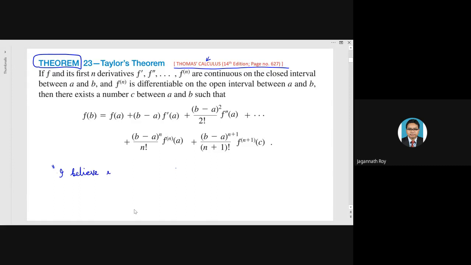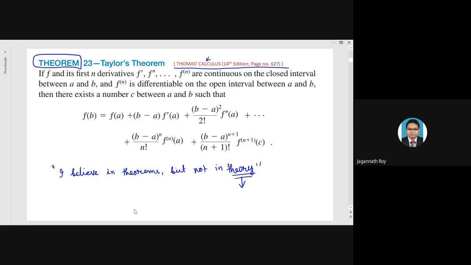I believe in theorems, but not in theories. A theory can be wrong, because there can be a conspiracy theory. So theorems are always correct. Theories can be wrong.